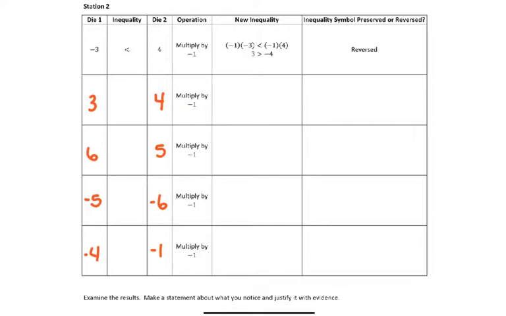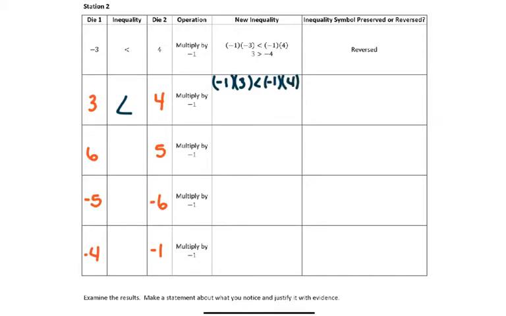Well, I know that 3 is less than 4, so I'm going to write that less than symbol into my inequality. So now I need to multiply both sides by -1. So I'm going to write -1 times 3, and I'm going to leave my inequality symbol the same, a less than sign. And on the other side, -1 times 4.